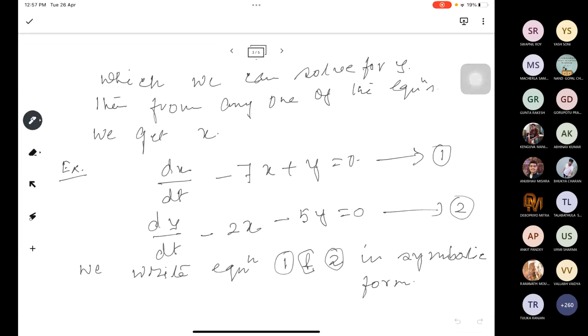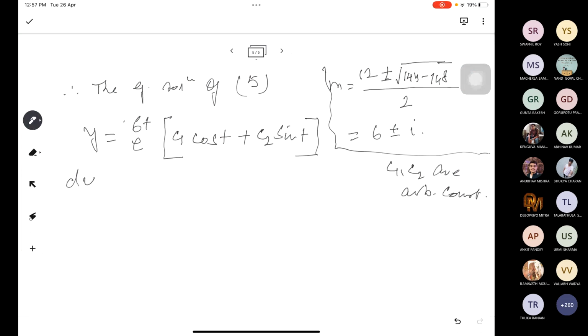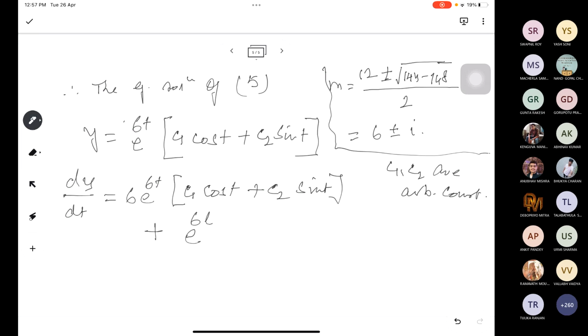So we find dy by dt from here. 6 e to the power of 6t times C1 cos t plus C2 sin t, plus e to the power of 6t times minus C1 sin t plus C2 cos t.